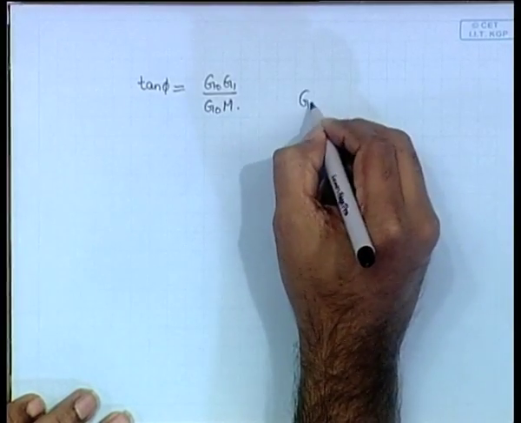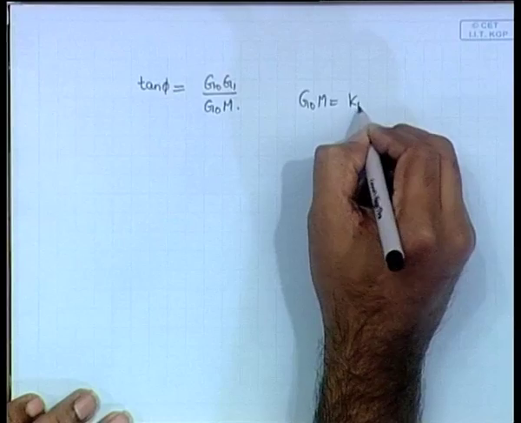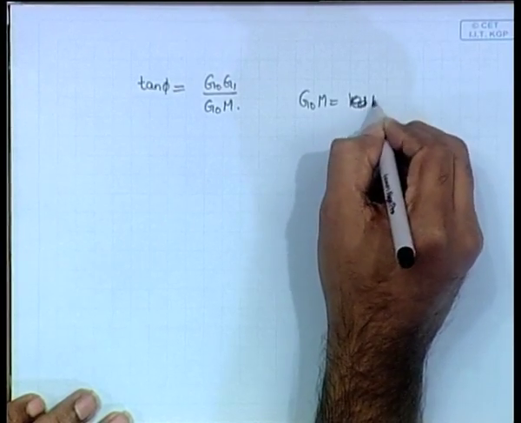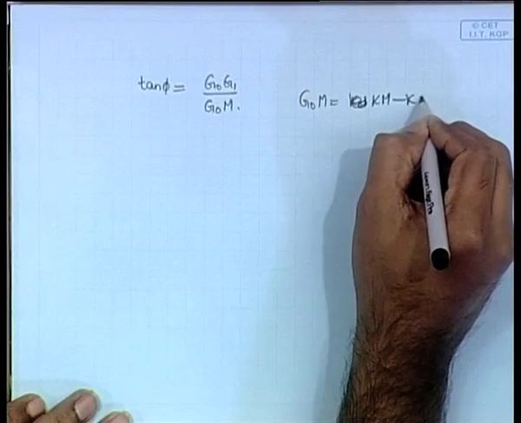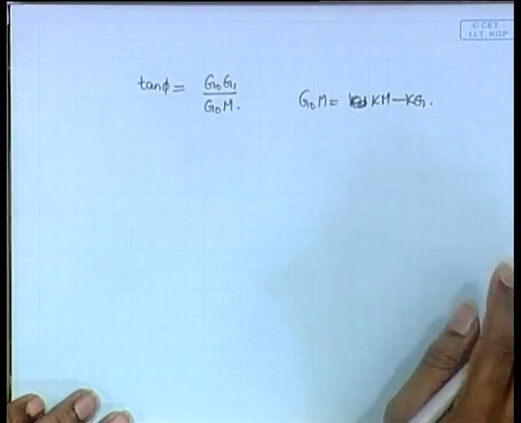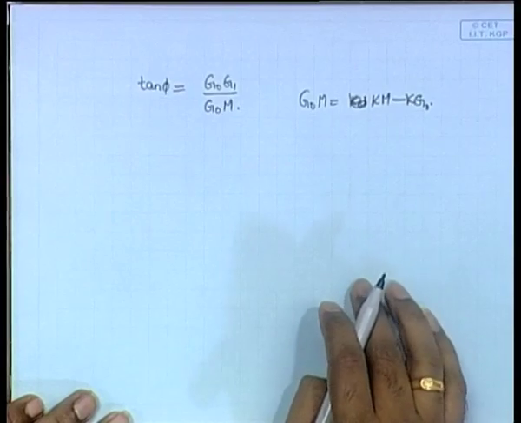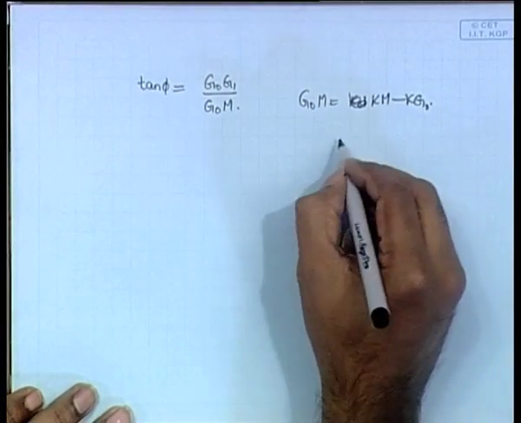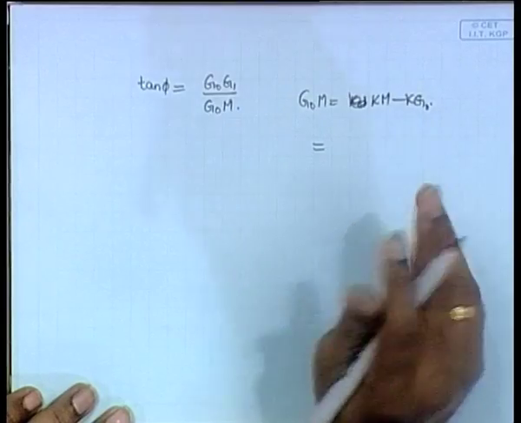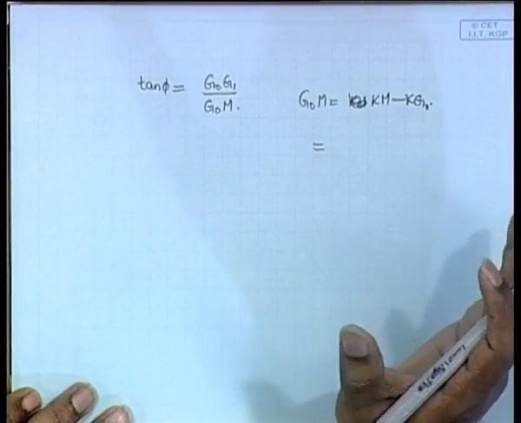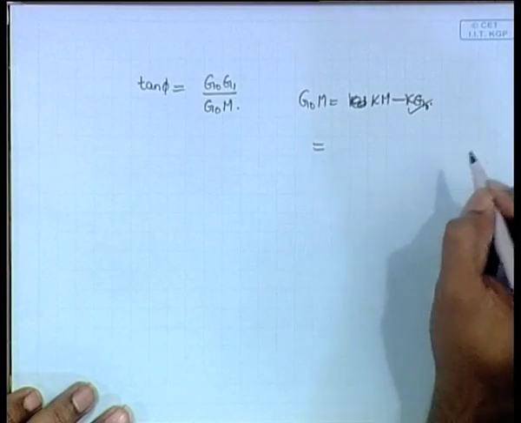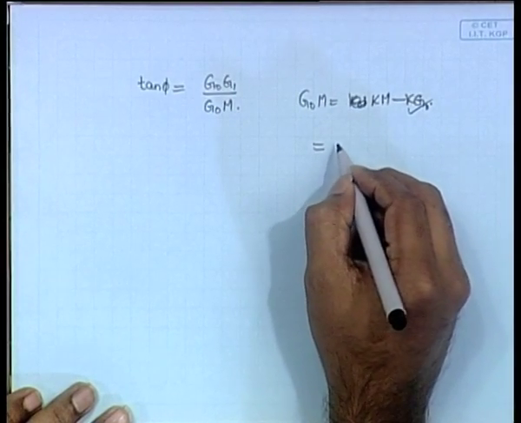Now, how will you find G0M? G0M is straightforward. You use KM minus KG, KG0 we can say. So, this will give you your G0M. So, these two are given. Initially the ship's KG is given, that is your KG0, and KM is also given.